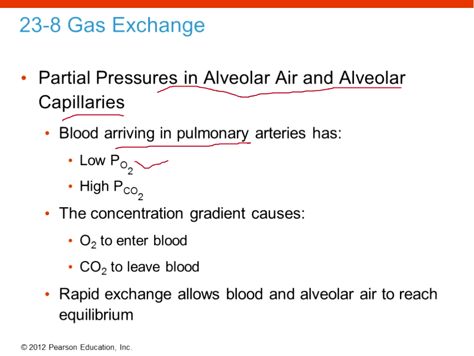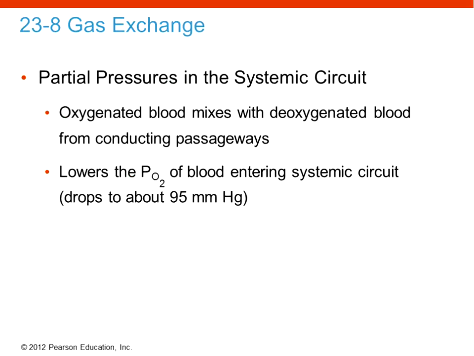Blood arriving at the pulmonary artery has a lower partial pressure of oxygen and a higher pressure of CO2, and that concentration gradient then causes oxygen to enter the blood and CO2 to leave the blood. So this rapid exchange allows for equilibrium to occur. Okay?